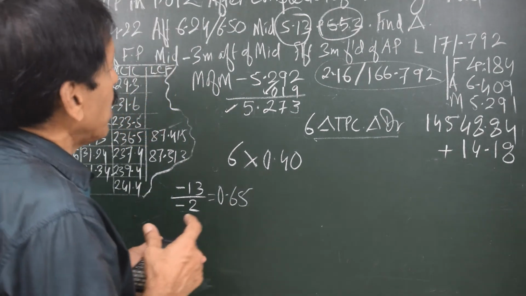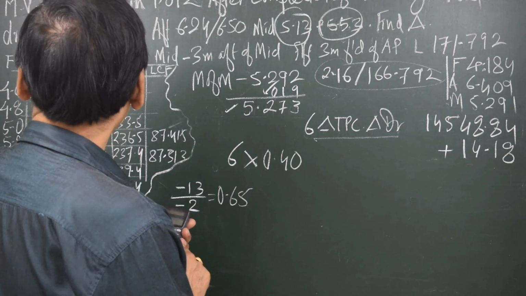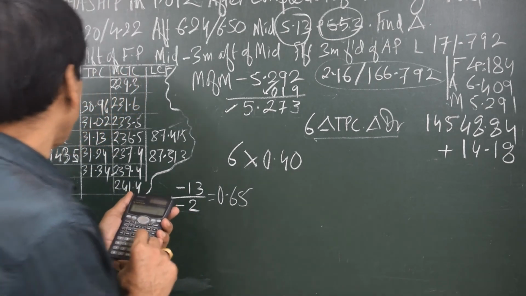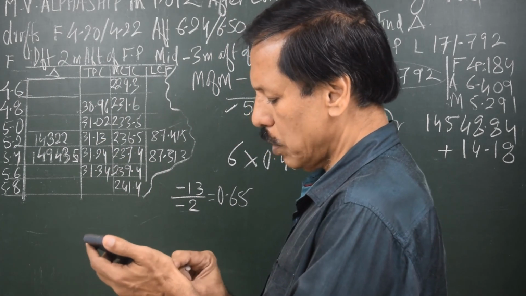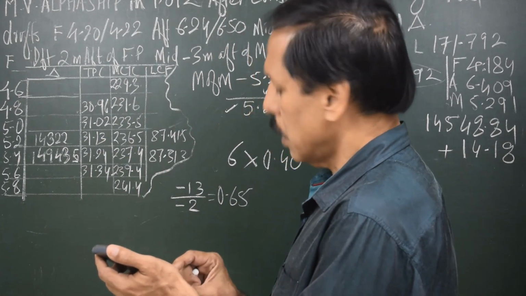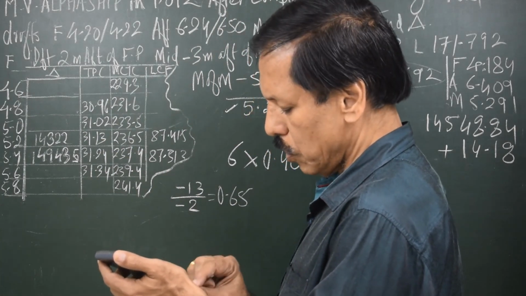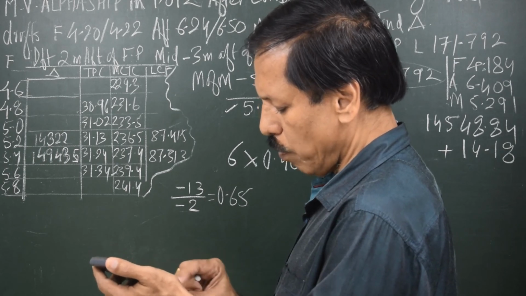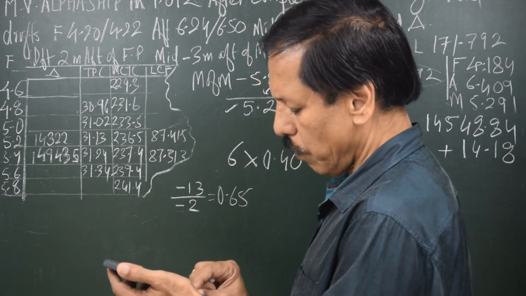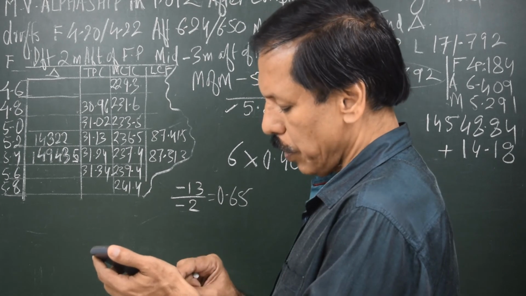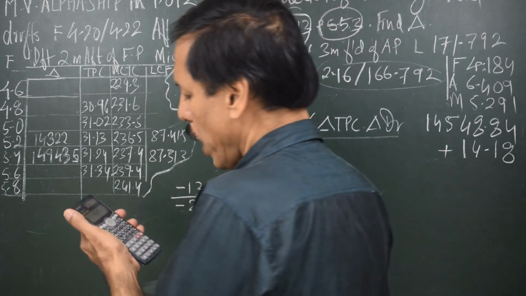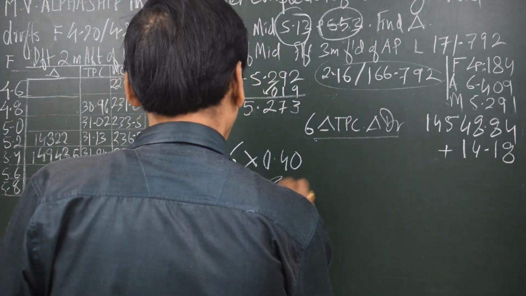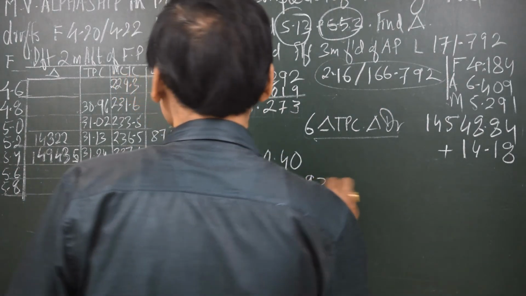So the TPC for 5.13 would be 31.13 minus 31.02, multiplied by the factor 0.65, plus 31.02, which gives me 31.092.